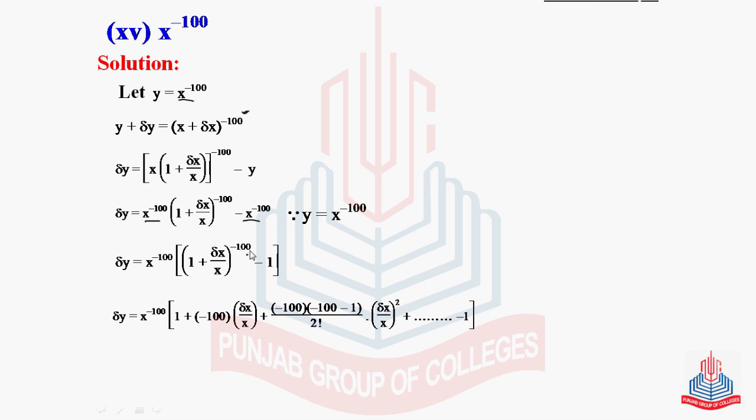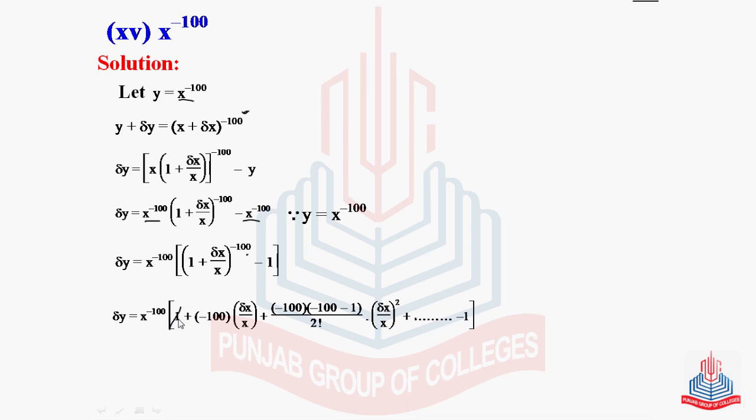And in the previous part we had a power with a positive integer, which is x raised to the power 40. Due to that positive integer, we have written an n term, delta x over x. But if this power is not a positive integer, rather a negative integer or a fraction, we will not write an n term, and that will become an infinite series.